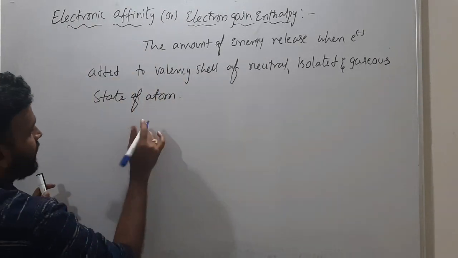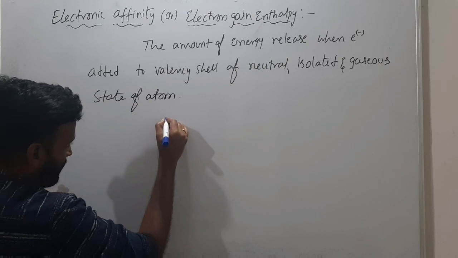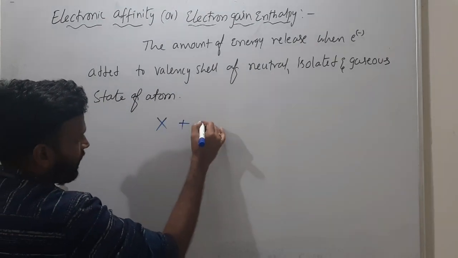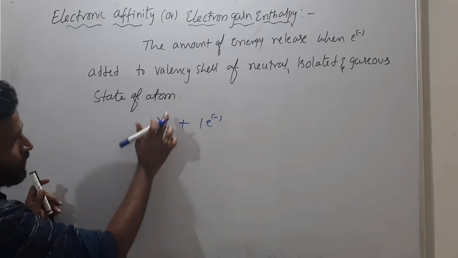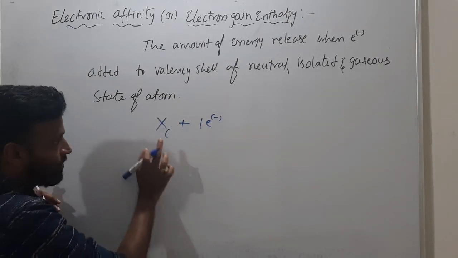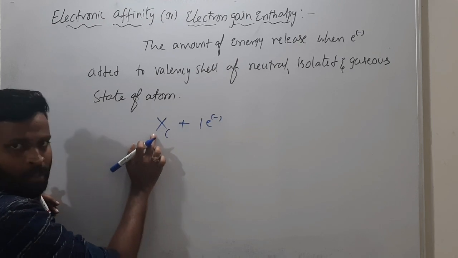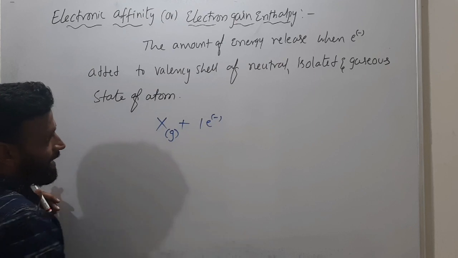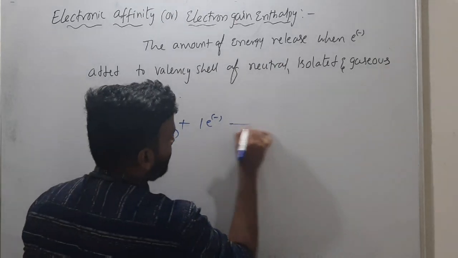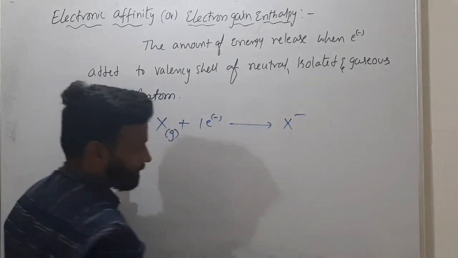Means for particular X atom you are adding one electron and that atom should be neutral. Neutral means no charge on it. Isolated means single, free, and gaseous state atom. For that, when you add electron, then it becomes X minus.